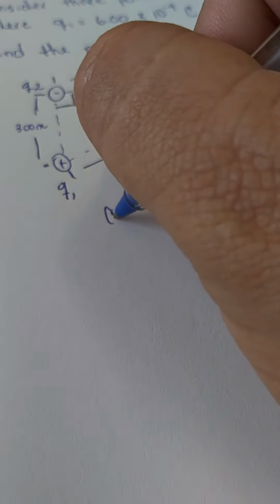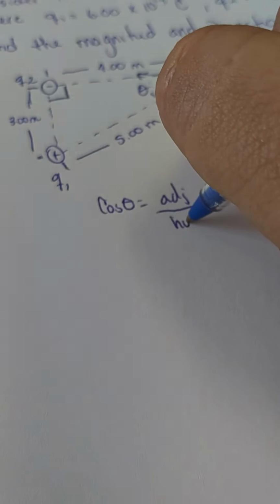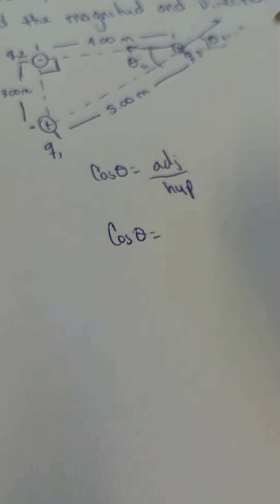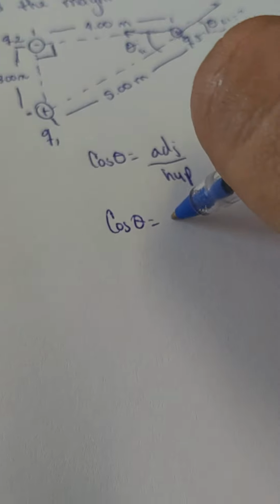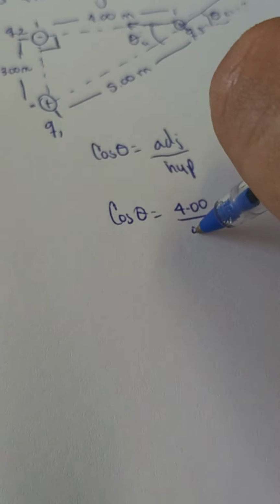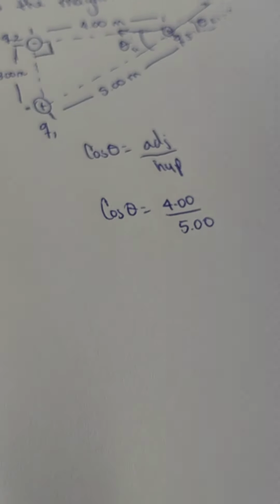I'm going to use adjacent over hypotenuse. That means cosine of theta equals the adjacent side, 4 meters, over 5 meters.